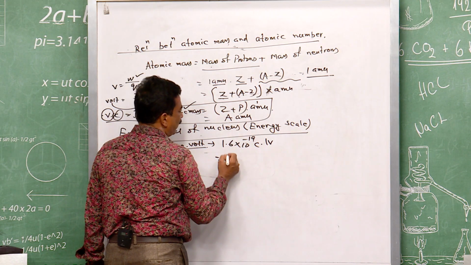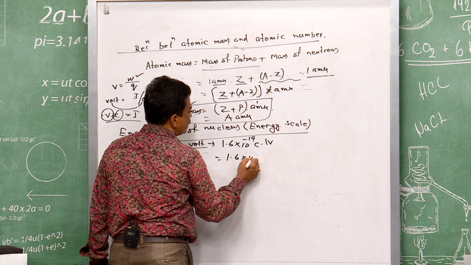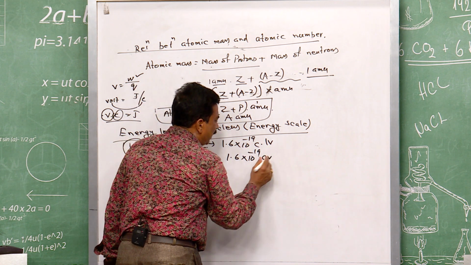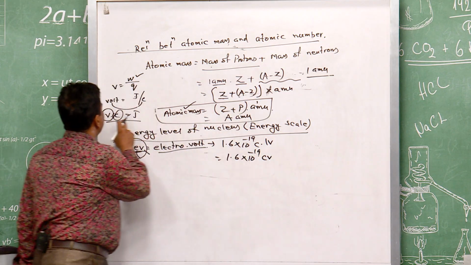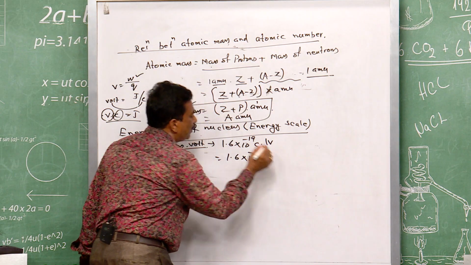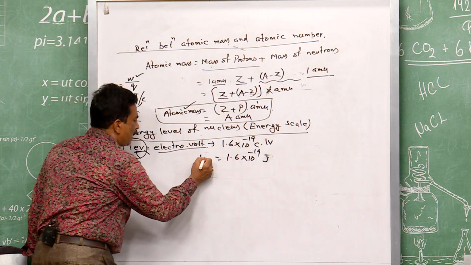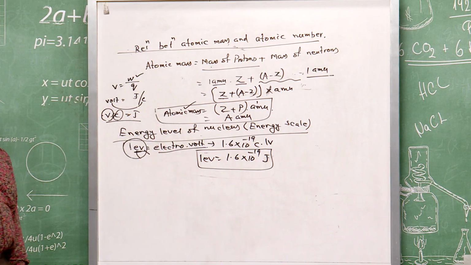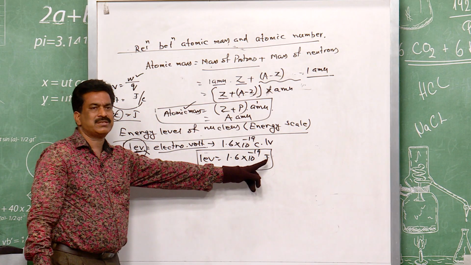So if we combine it, that is 1.6 into 10 to the power of minus 19 CV. This coulomb into volt is equal to the joule. So 1 eV is equal to 1.6 into 10 to the power of minus 19 joule.